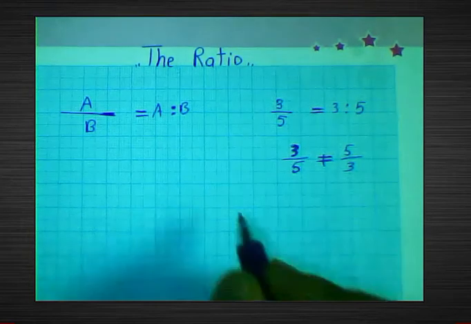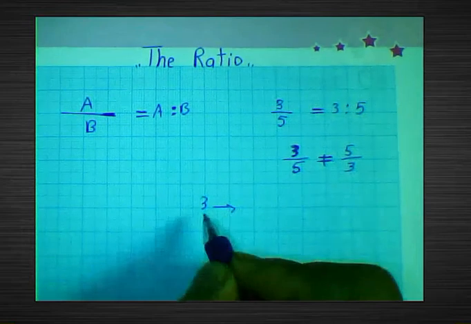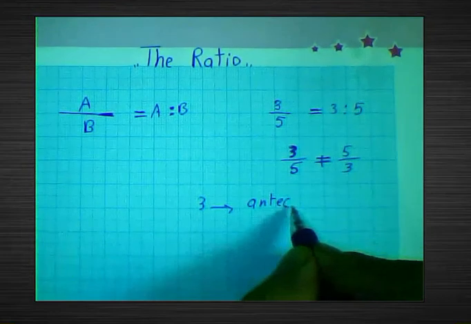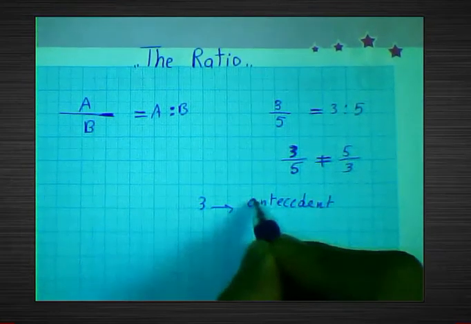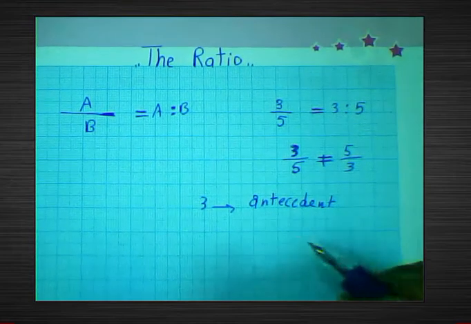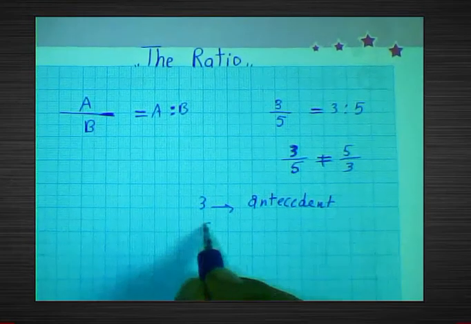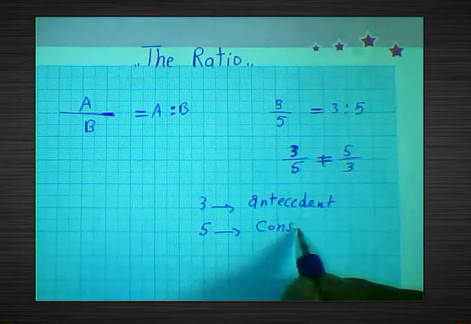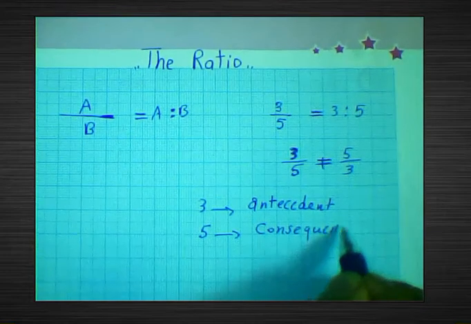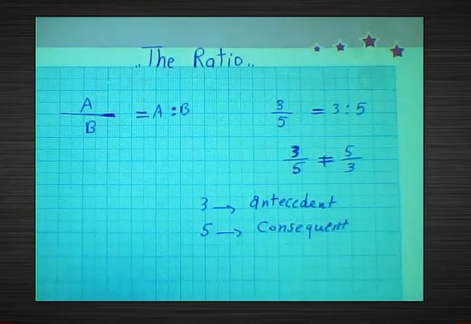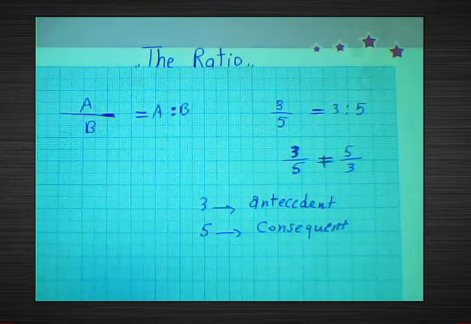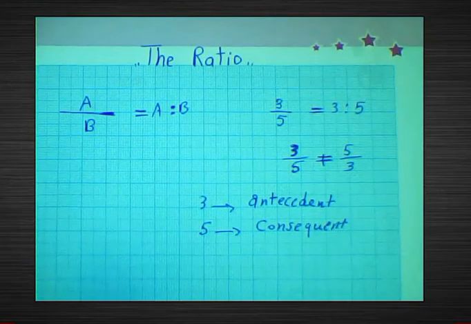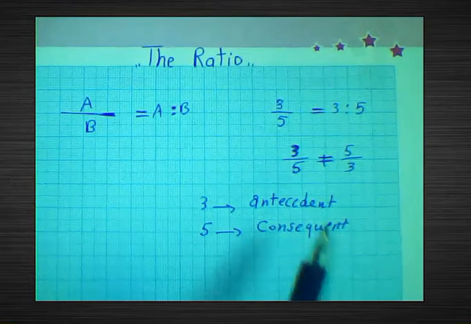So 3 is the antecedent, okay, and 5 is called the consequent. So the order of terms in a ratio is important. The ratio 3 to 5 doesn't equal the ratio 5 over 3.